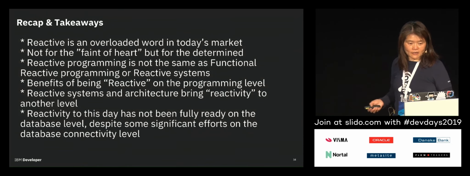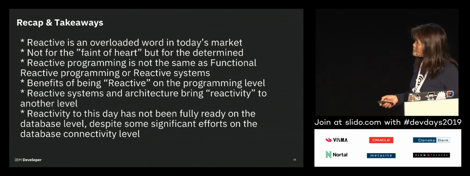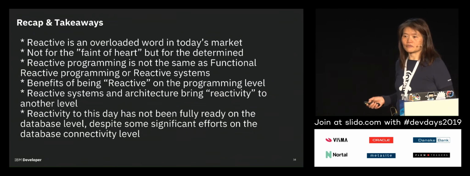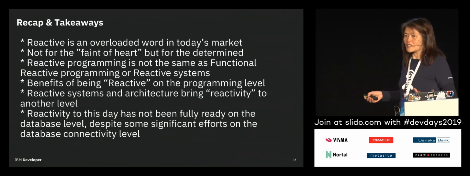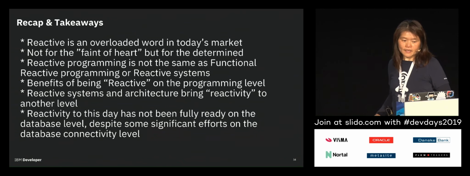Okay, and now I think I have 1 minute left, so a quick recap and takeaways. We already talked about some of these, but I do want to point out that reactivity to this day has not been fully realized yet. The reason is that on the database level, especially relational database engines, there's no truly non-blocking database I/O system yet.